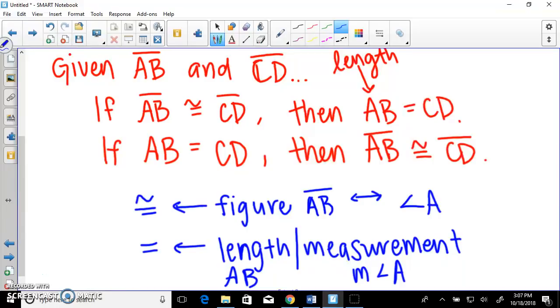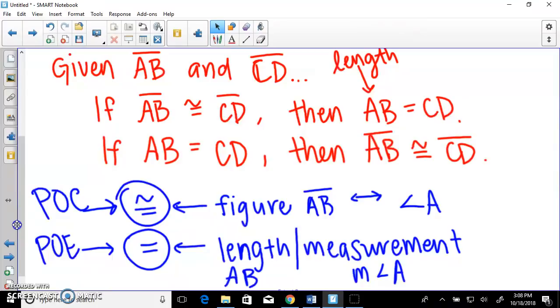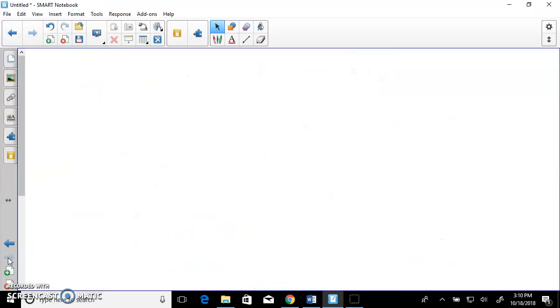Okay, so there's a big difference between statements of congruence and statements of equality, and that's why we have properties of equality and properties of congruence. Even though they're very similar and they might be referring to the same figure, it's expressing it in a slightly different way. Now, in our notes, we've talked about all these new properties of congruence, but your homework tonight is still going to be applying properties of equality.